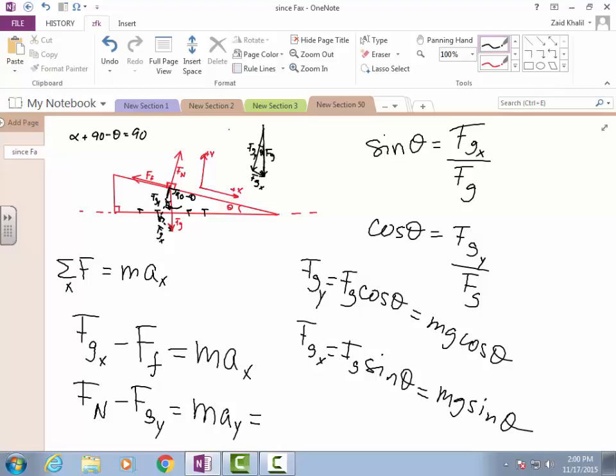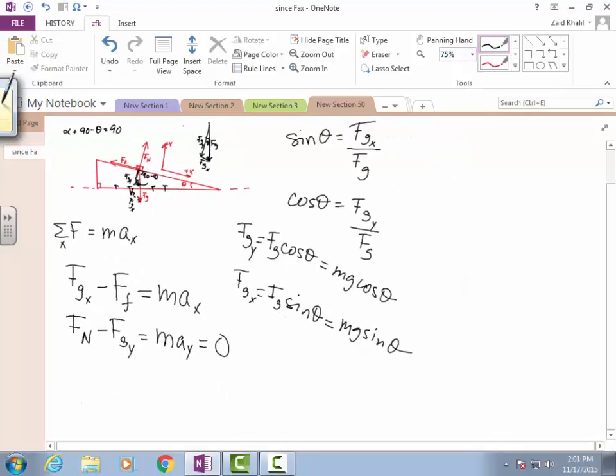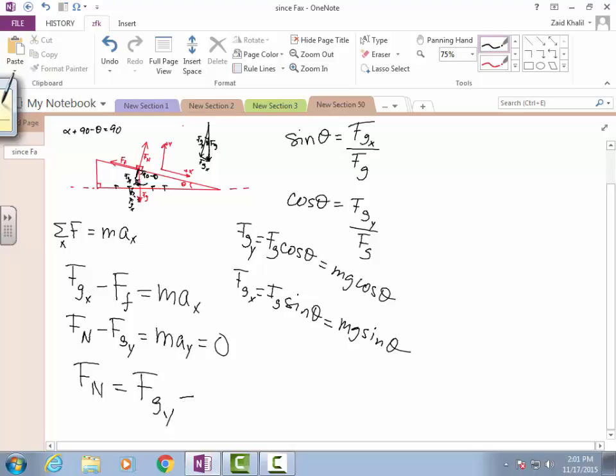The acceleration is confined purely on the plane. So ay is 0. As a result, we have Fn equals FGY equals mg cosine theta, based upon what FGY was.